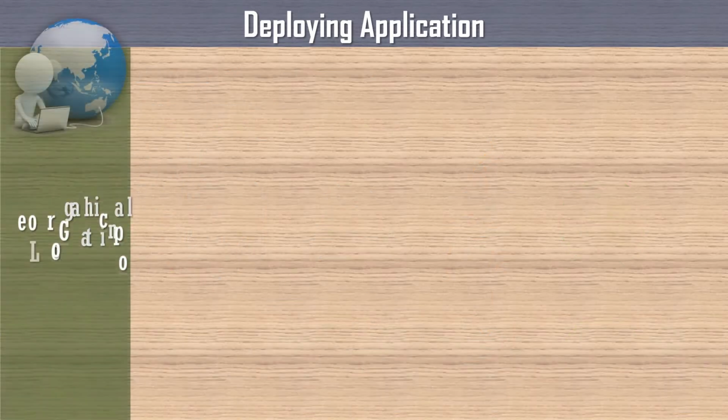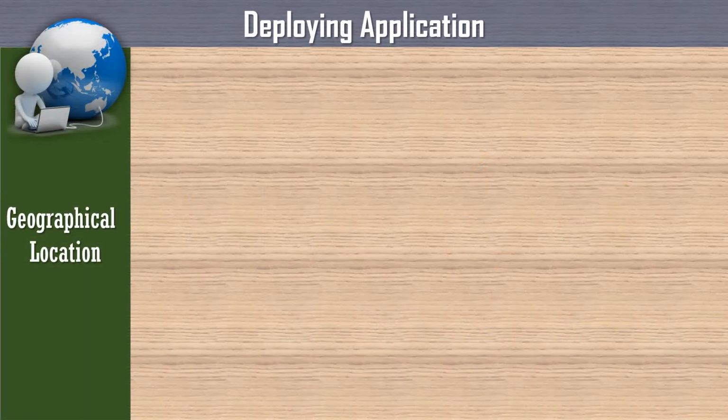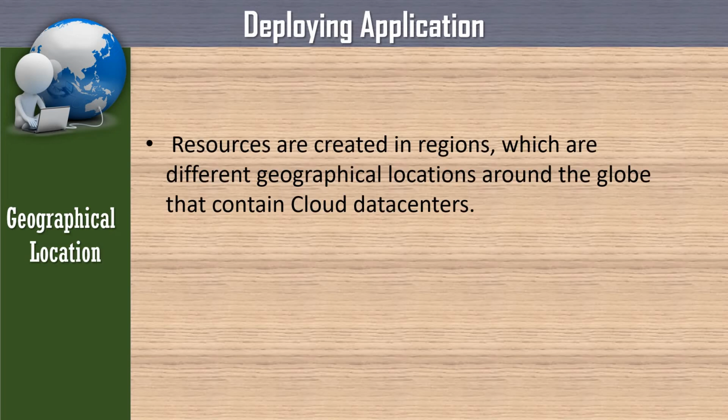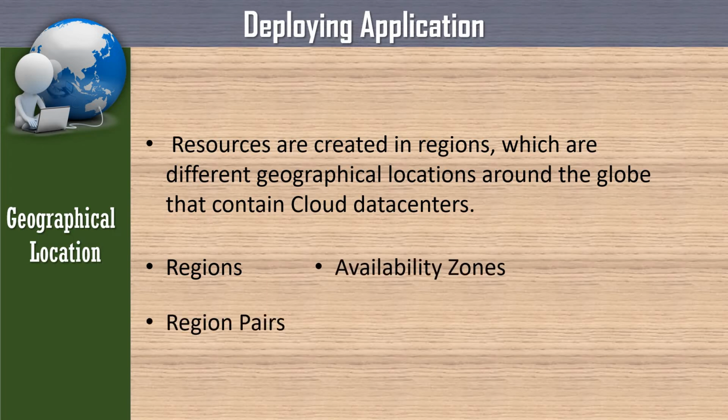In that case, we call it a geographical location because you need to deploy your application somewhere. So those resources are going to be created in a region. This region is a geographical location around the globe that will contain the cloud data centers which you need to use, like regions, for example, availability zones and region pairs. We are going to speak about this in the next slides.